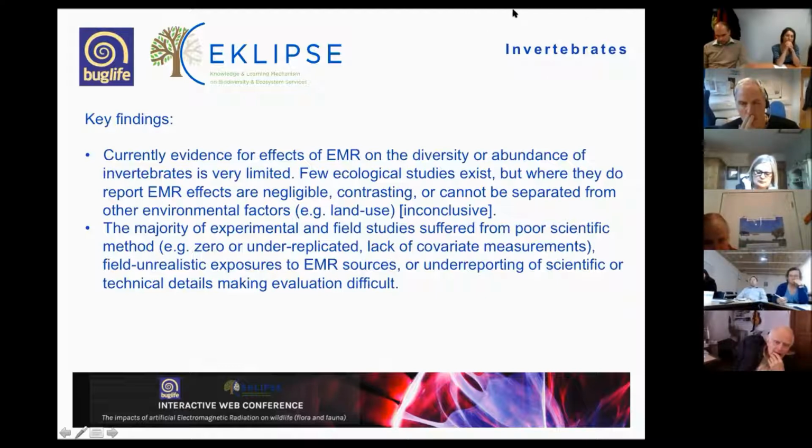So we looked at wild bees, hoverflies, bee flies, beetles, butterflies, and wasps, and looked at abundances and species richness of those, and then at whether those levels are related to the intensity of the EMR.